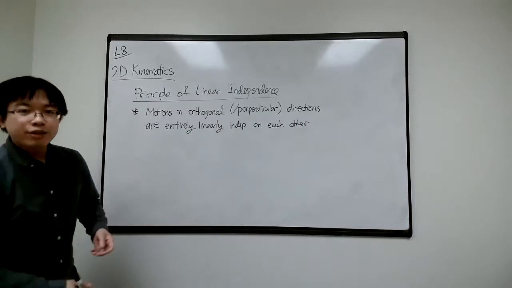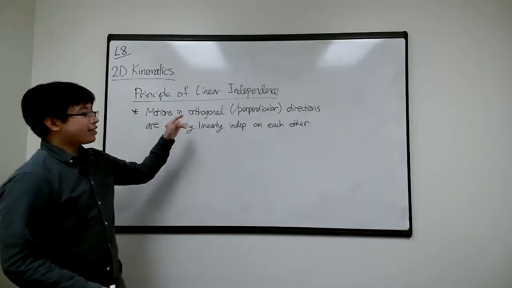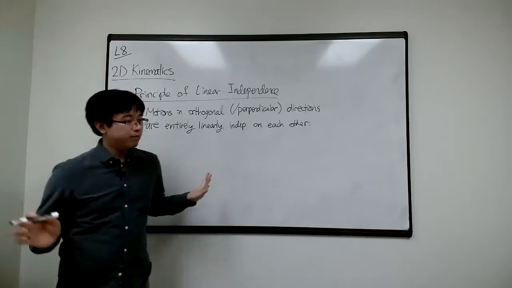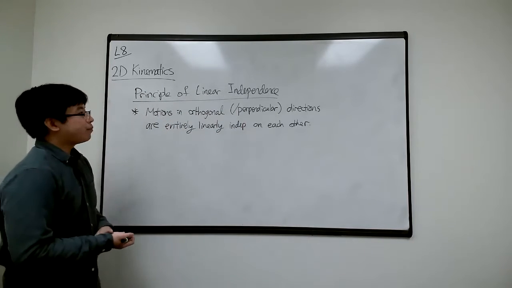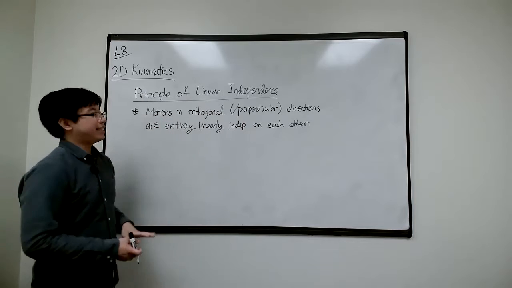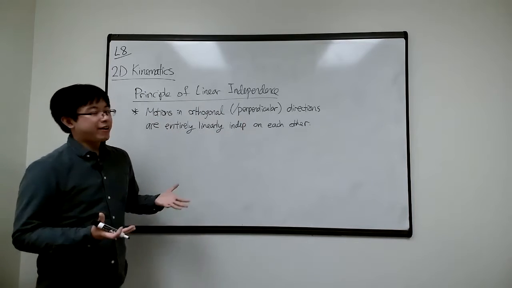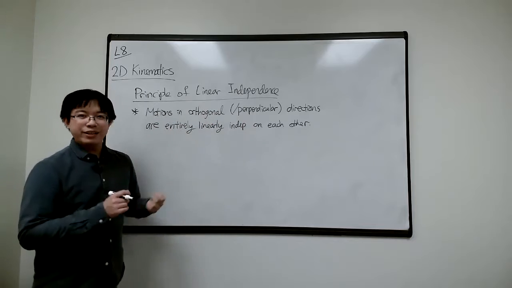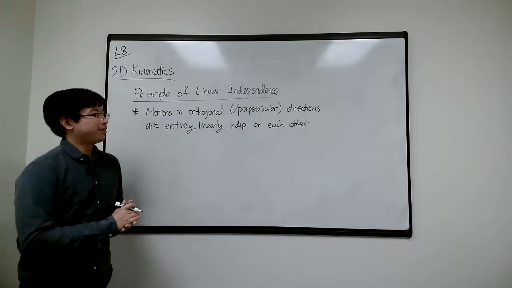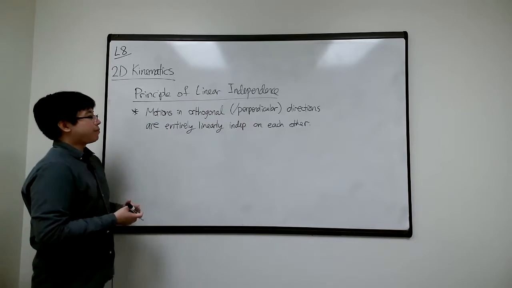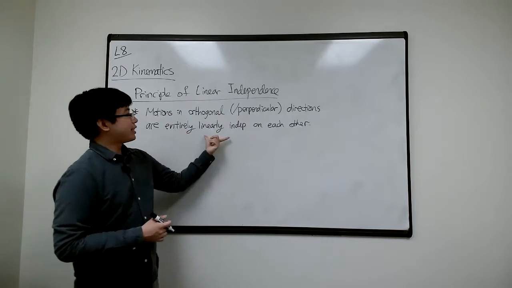Okay, a couple of jargon words over here. Orthogonal, perpendicular, most of the time it's just the same word. I'm introducing it just in case you see it in textbooks. In very, very advanced mathematics there's a slight difference, but you'll never encounter that, so you don't have to worry about it. Another word is linear independent.